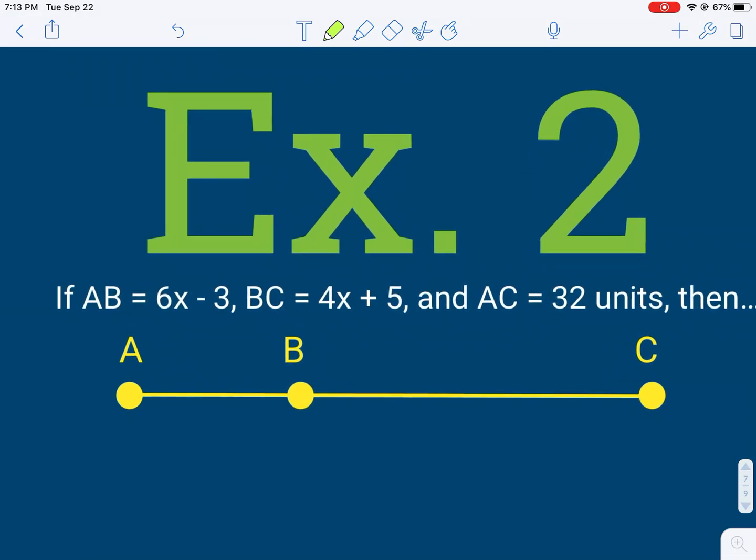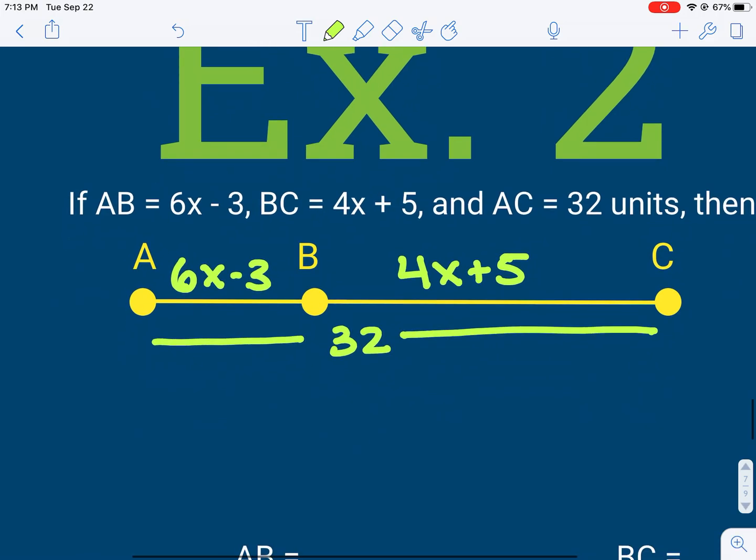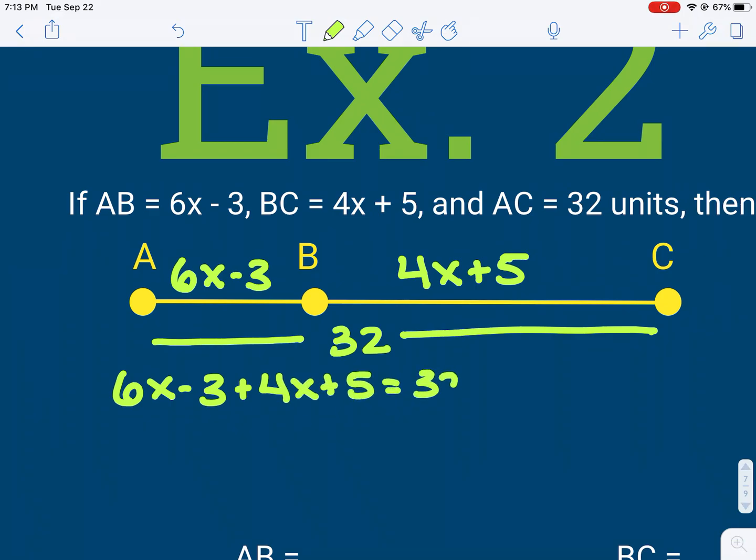We can also throw the alphabet into it. So I can get AB is 6x minus 3, BC is 4x plus 5, and the entire thing is 32. I'll use some algebra now, so I get 6x minus 3 plus 4x plus 5 equals 32. Combine my like terms, and I get 10x plus 2 equals 32.